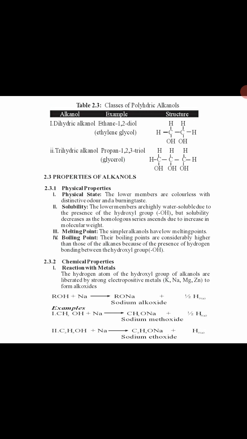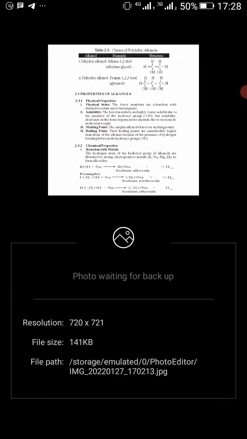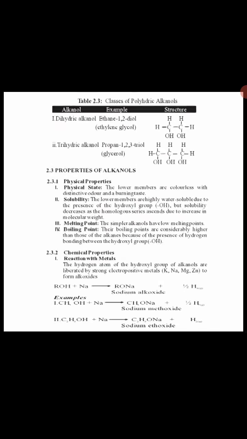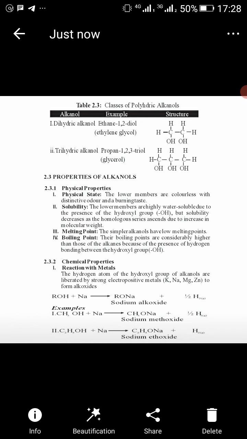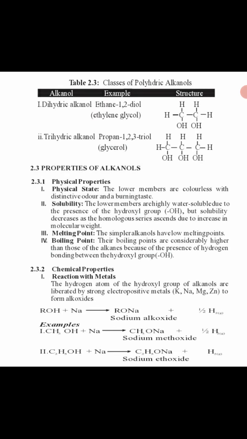All right, quickly, physical properties of alkanols. The lower members are colorless with a distinctive odor and a burning taste. Then solubility. The lower members are highly soluble in water.